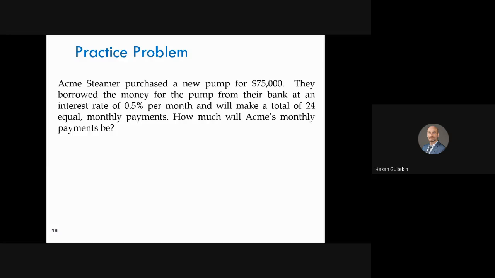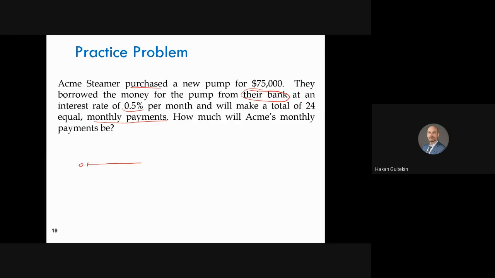Okay, now it says that it purchased this pump for $75,000. They borrowed the money for the pump from the bank at an interest rate of 0.5% per month, and will make a total of 24 equal monthly payments. Now, the first thing is to construct the cash flow. This is the current time, time 0, and this company borrowed the money from the bank.